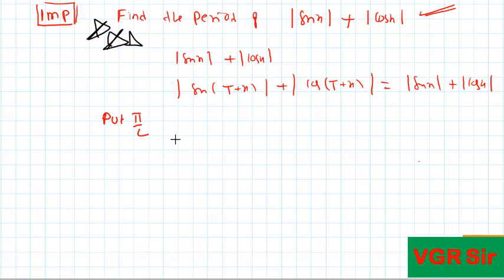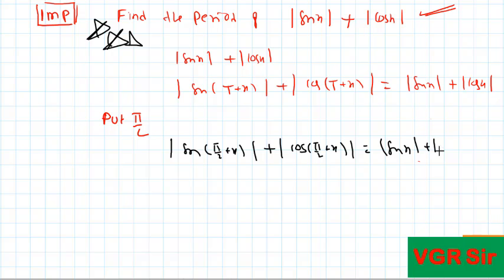What happened? Observe. Modulus of sin of pi by 2 plus x plus modulus of cos of pi by 2 plus x should be equal to mod sin x plus mod cos x.